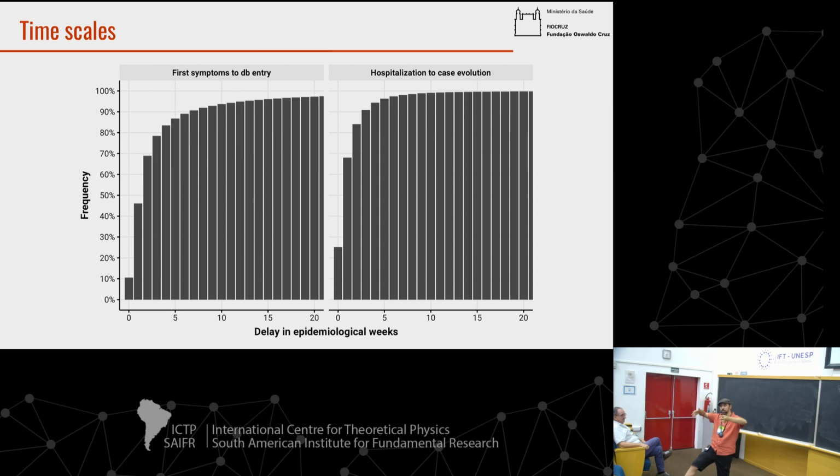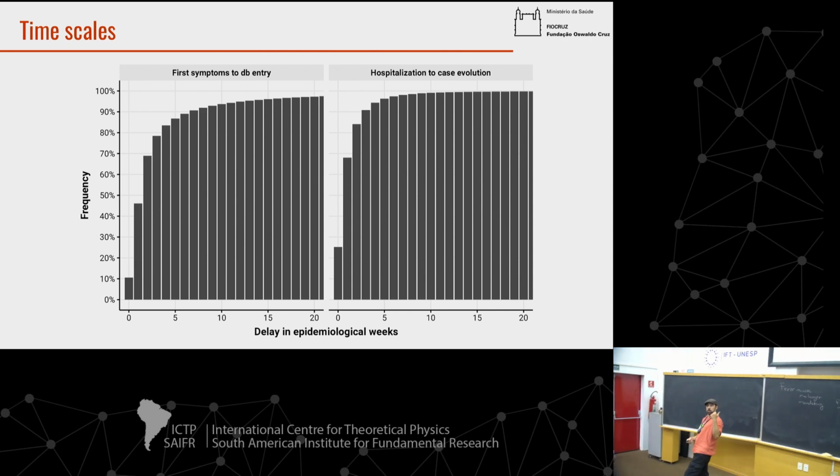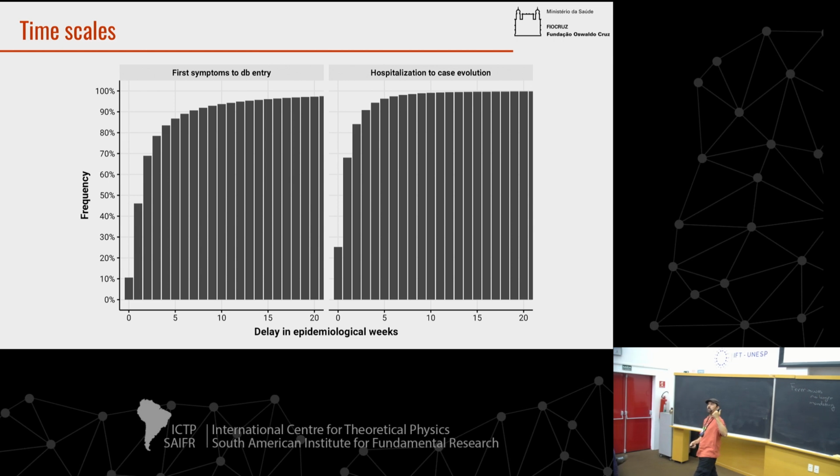It's one thing to have the result in the lab, and another thing for that information to go up into the database. The same thing is true for the evolution of each of those cases. We have the typical time, for instance, thinking about hospitalized cases, the typical time window between being hospitalized and becoming cured or deceased, right? And those can vary. They might not be the same.